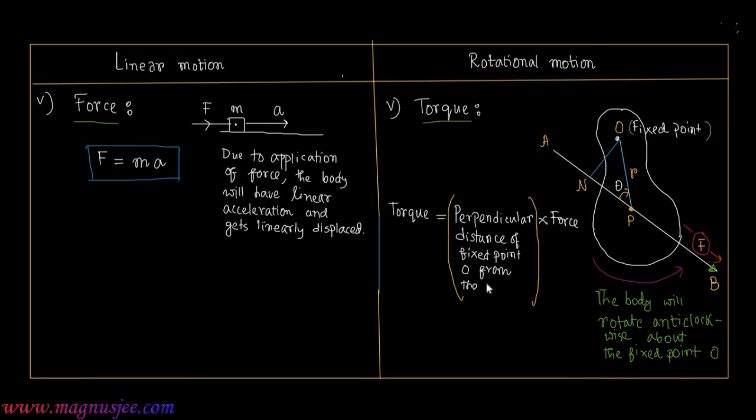Torque is the product of the perpendicular distance of fixed point O from the line AB of action of force into the magnitude of force. Therefore, tau is equal to ON into F.